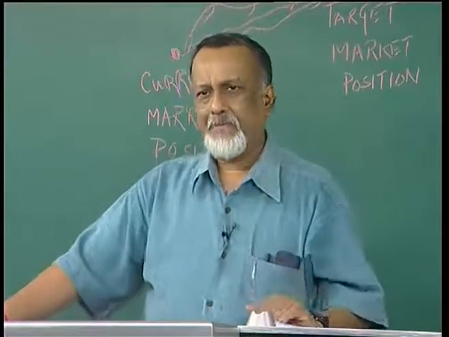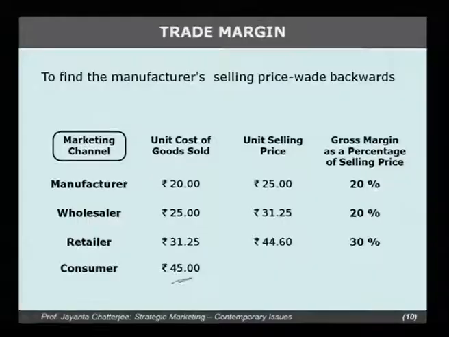But in reality, at 45, the retailer most probably got it at 31.25 and he is selling at 45. So, his margin is something like 30%.